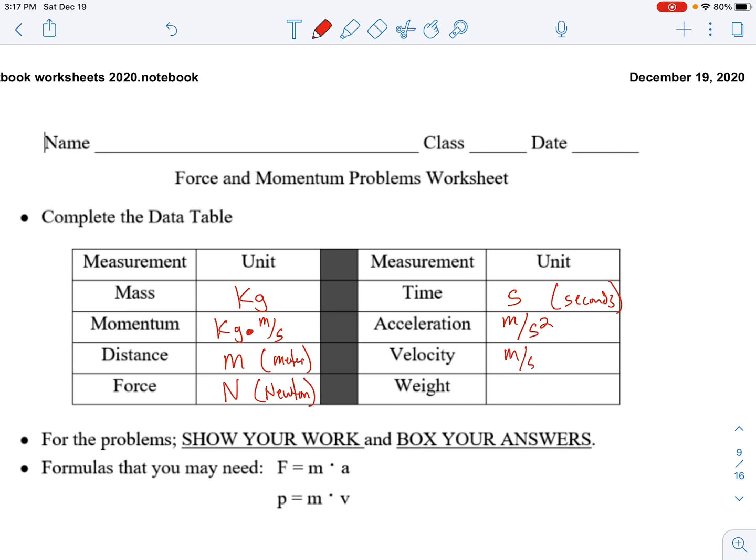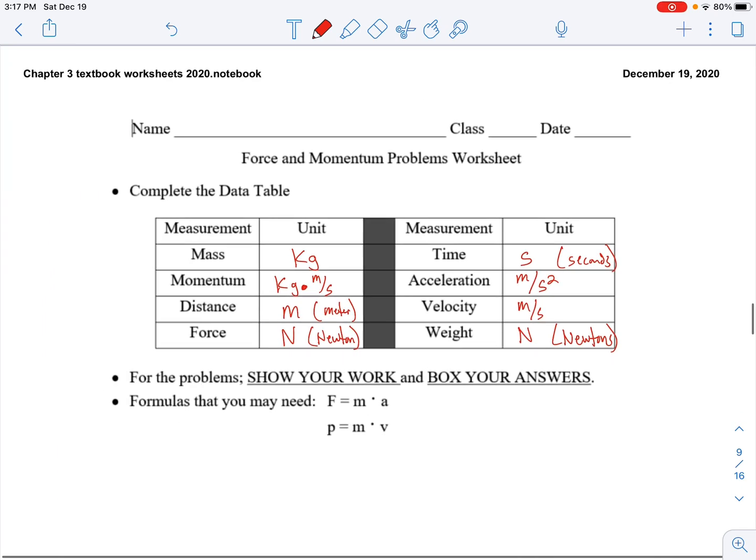Velocity is meters per second. And weight is a force, so we use newtons for weight because it's just the force of gravity pulling you down. So it's got the same unit as any other force. All right, so this is going to help you identify numbers in problems and solve some problems.